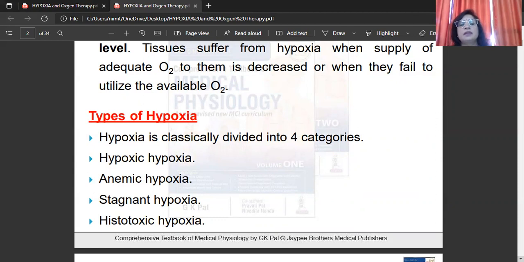So how many types of hypoxias will we be studying today? Yes, four types. Hypoxia is classically divided into four categories: hypoxic hypoxia, anemic hypoxia, stagnant hypoxia, and histotoxic hypoxia.